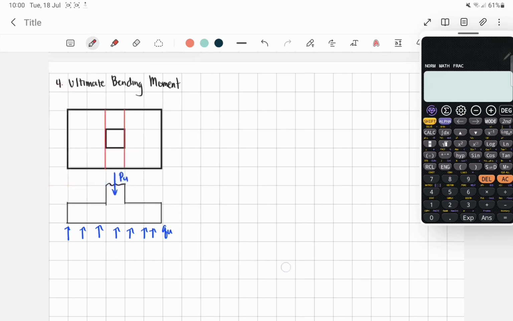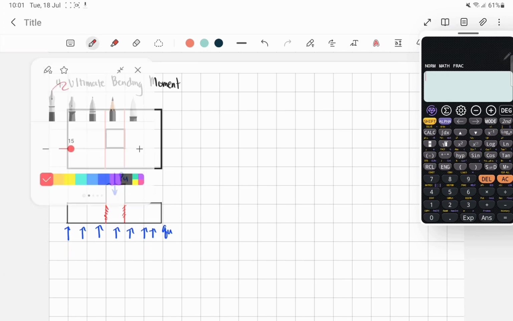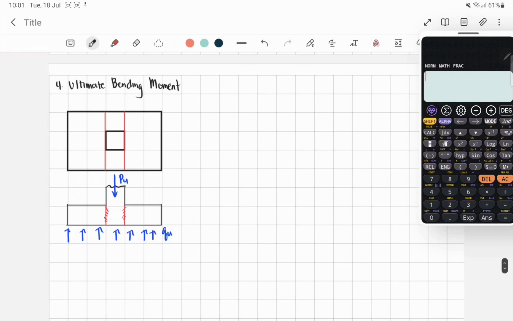So we can imagine our footing as a cantilever beam being pushed by this QU like this. It's exaggerated.